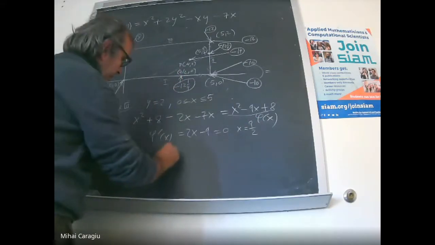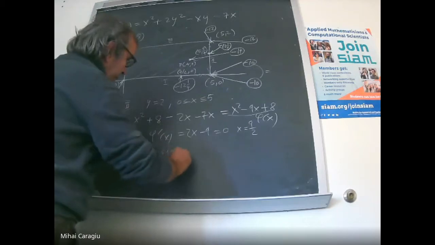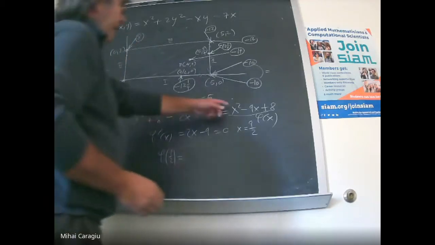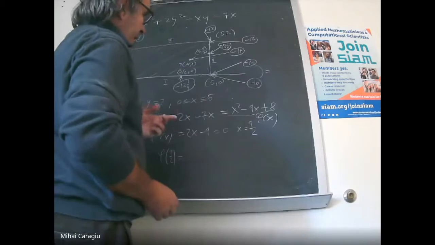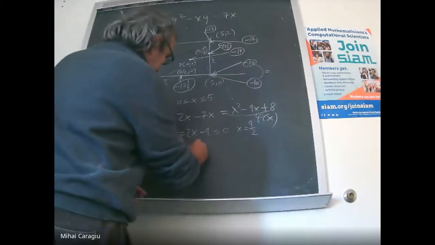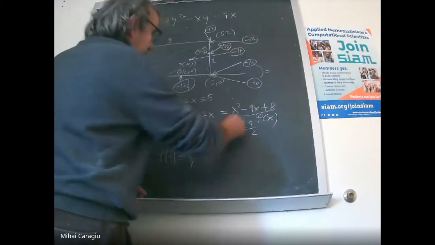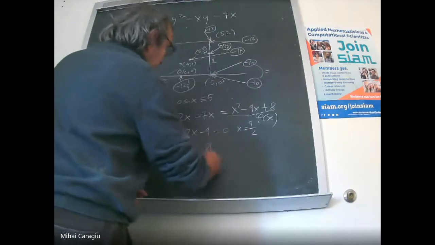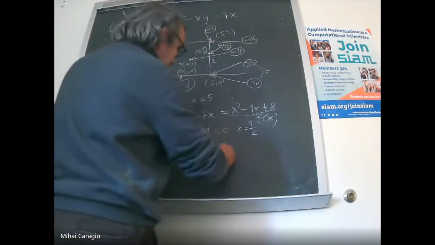So phi of 9 over 2 equals x squared, which is 81 over 4, minus 81 over 2, plus 8.